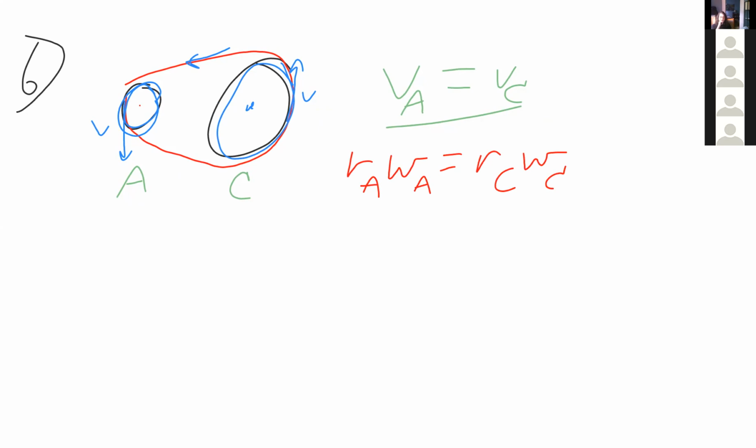Further, we can also say that the tangential accelerations would be the same.